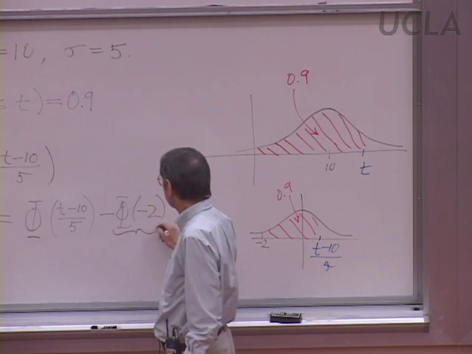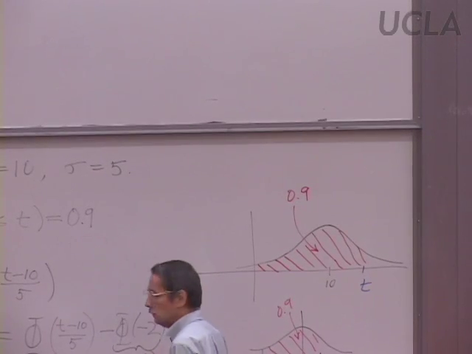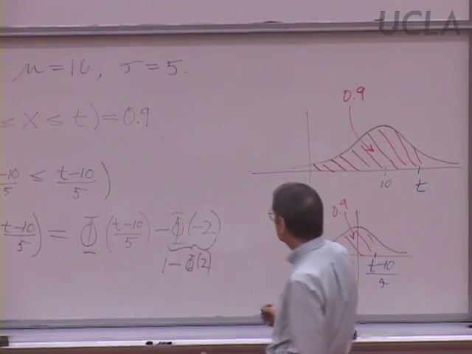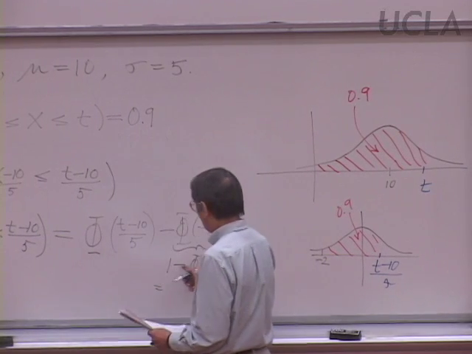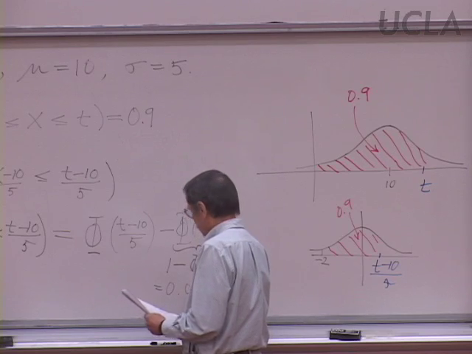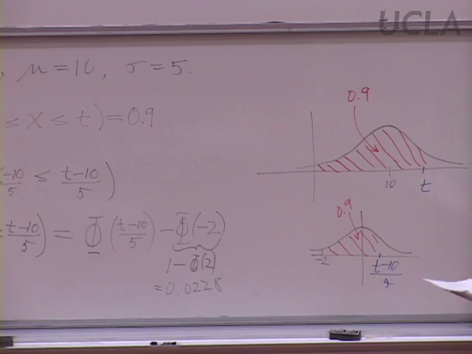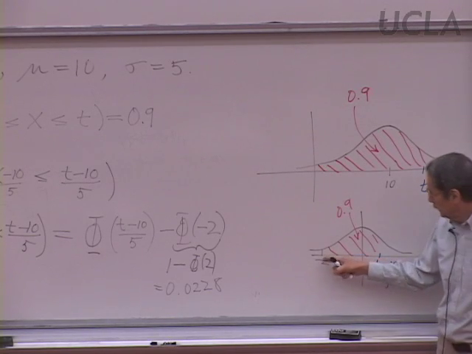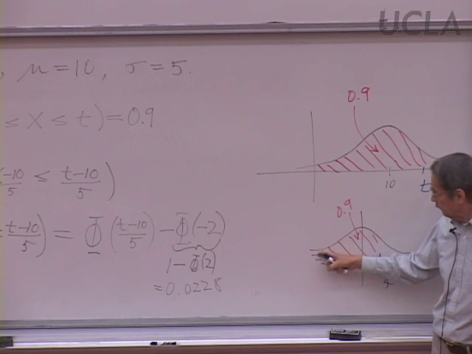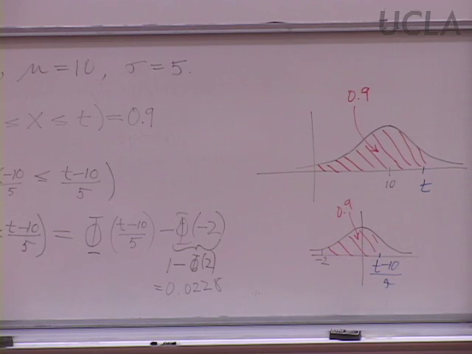Well, phi of minus 2, that's 1 minus phi of 2. So we look up phi of 2 in our table, 1 minus that, 0.0228. So phi of minus 2 is this left-hand tail in this picture here. It's not very big.